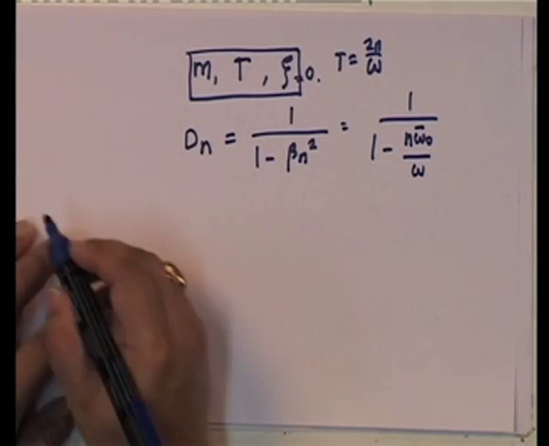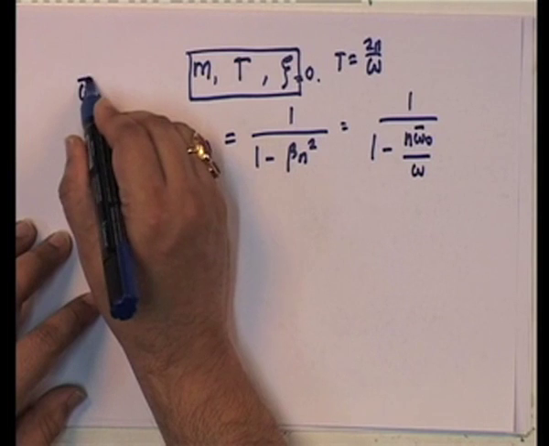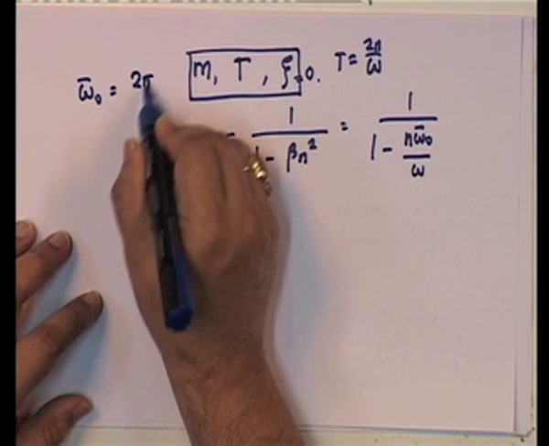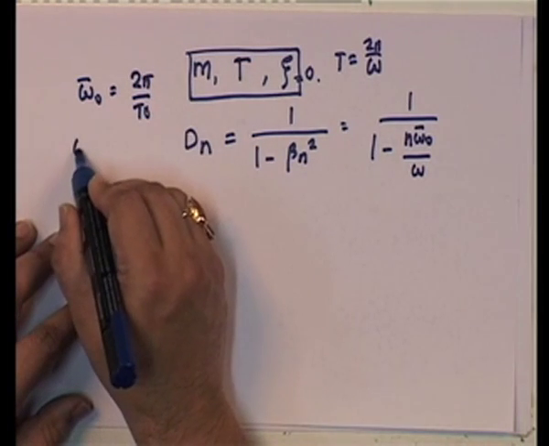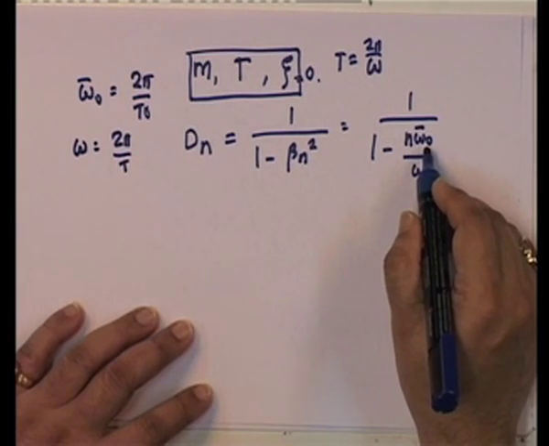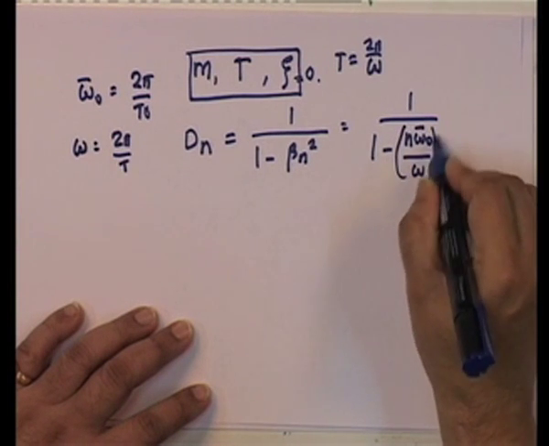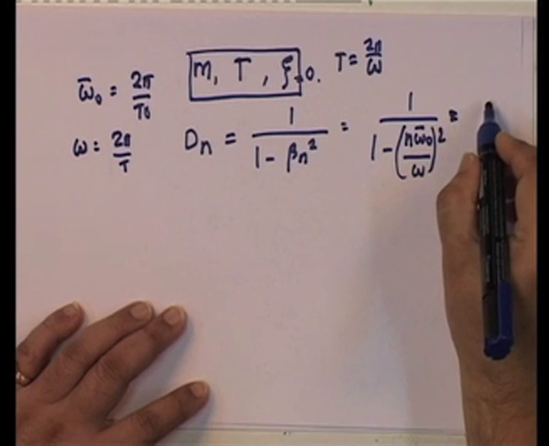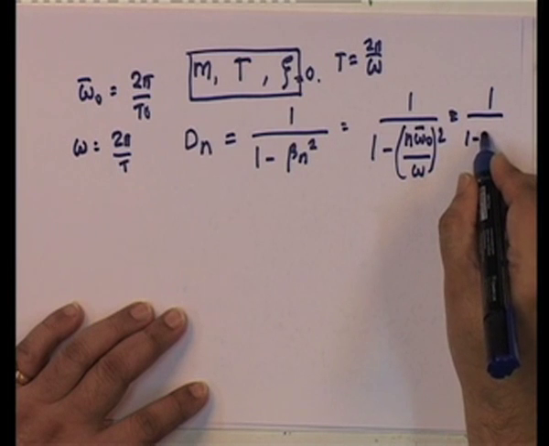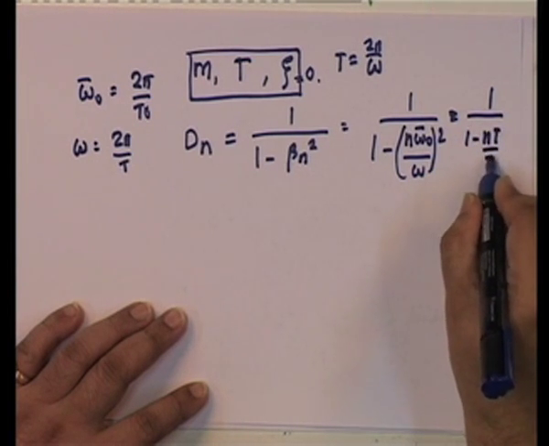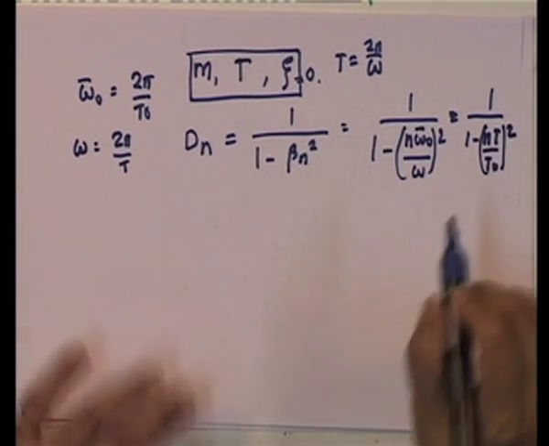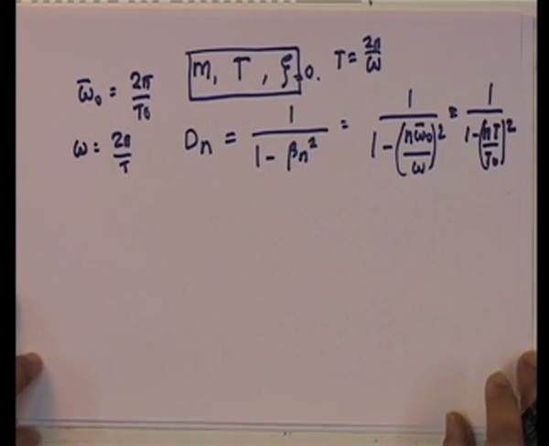Now, what is omega bar 0 in terms of t 0? It is equal to 2 pi upon t 0. What is omega in terms of t? It is 2 pi upon t. So, if I substitute this in, I get 1 upon 1 minus (n t upon t 0) the whole squared.